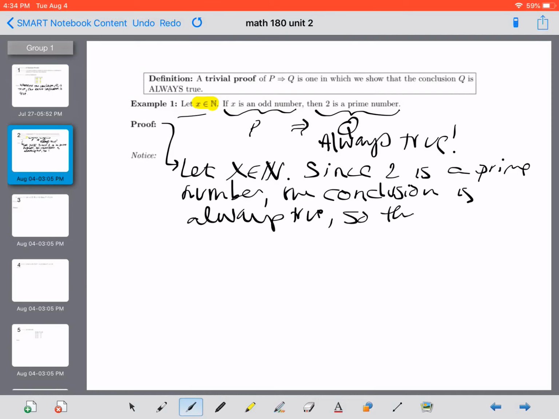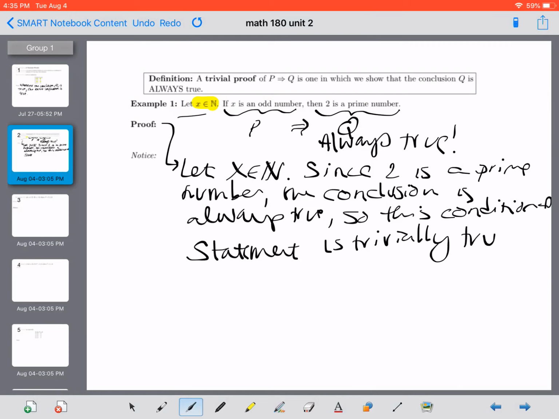So this conditional statement is trivially true. That's it. That's our entire proof. Couldn't be simpler. When you finish a proof, you put a little box here to indicate that your argument is all done. We've concluded that since the conclusion is always true, the entire statement must be true.